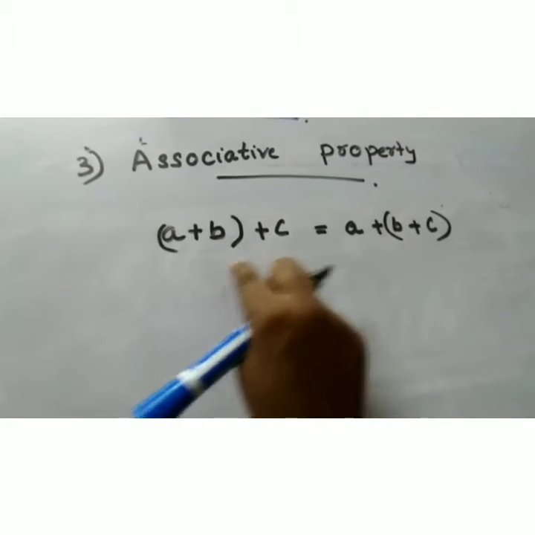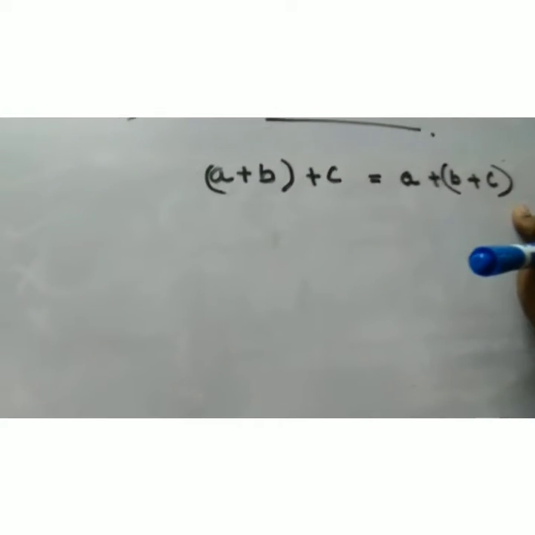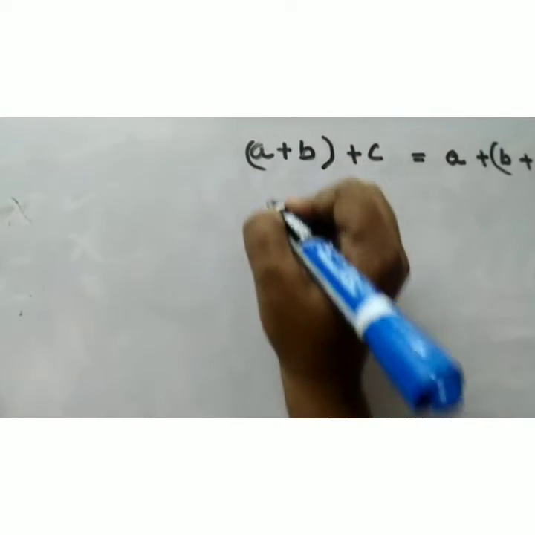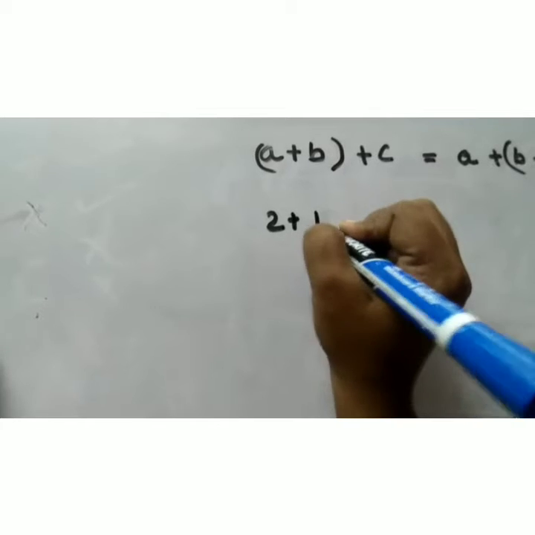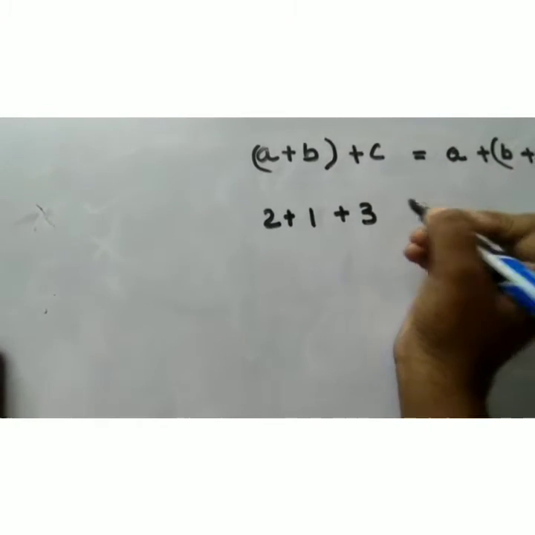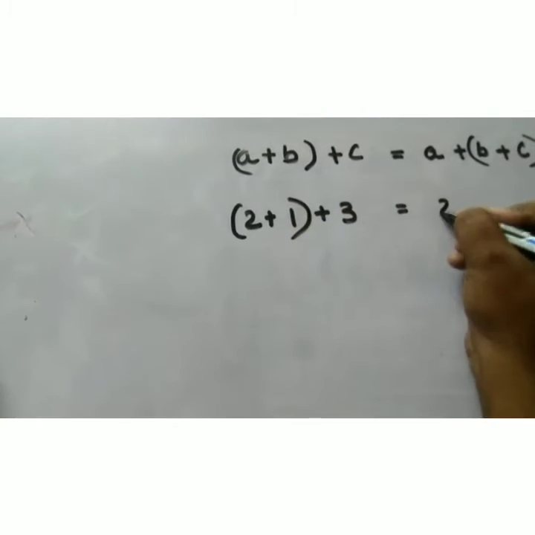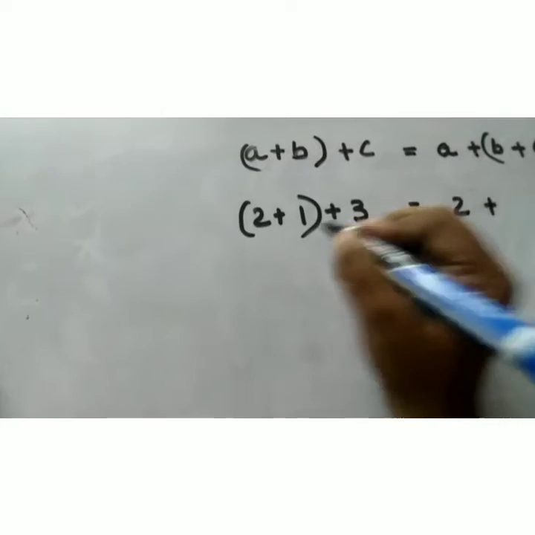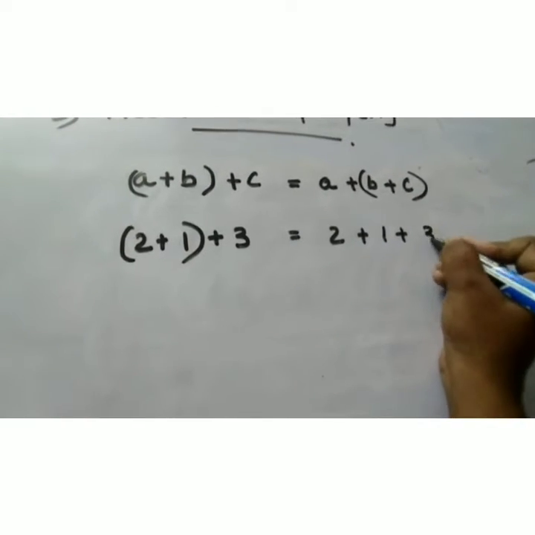Observe the following examples. Okay. A is 2, then B is 1 plus C is 3, is equal to A is 2 plus B 1, then C 3.